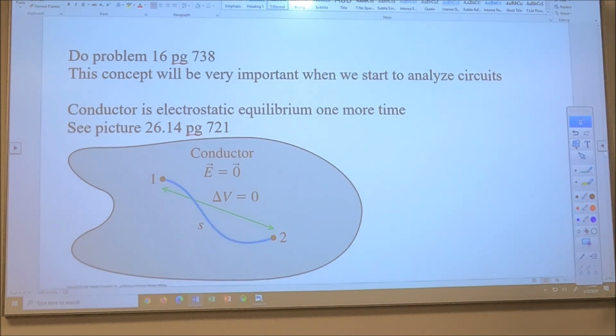Okay, now let's look at problem 16 at the end of the chapter.